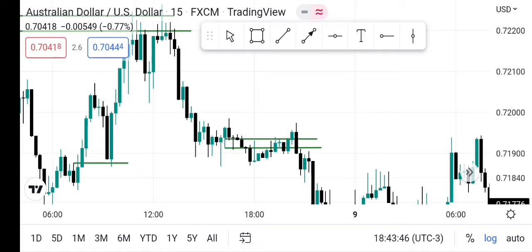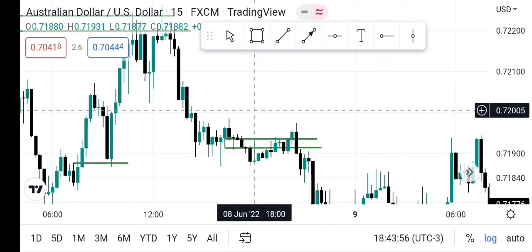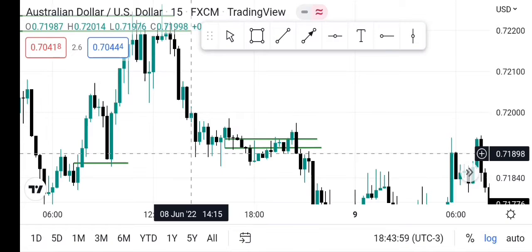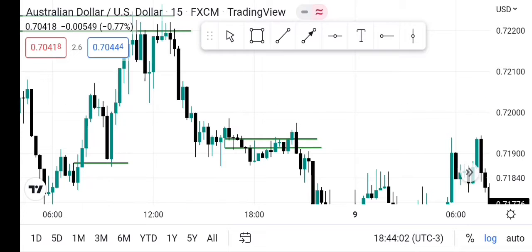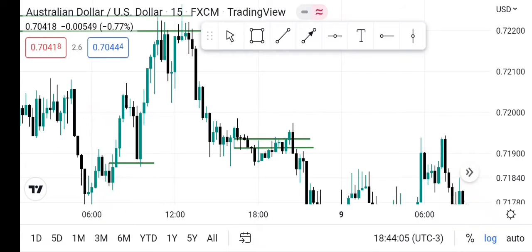Now you can see that your entry will be there, and then you see price going down beautifully. Now folks, that's for that. Now let's move further.